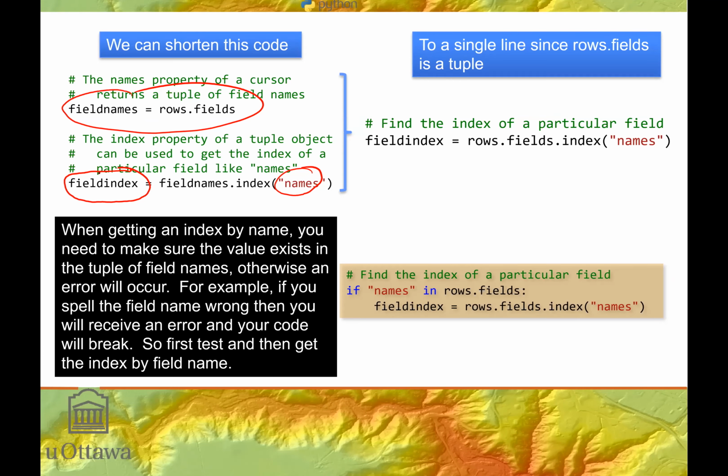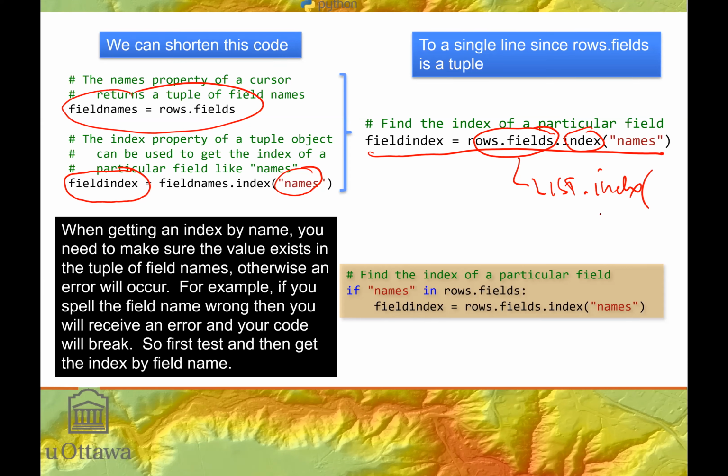Now we could just put those into one statement like you see here: rows.fields.index(names). That way we don't have to have a separate line for rows.fields, because if rows.fields right here returns a tuple, then the tuple has the index method.